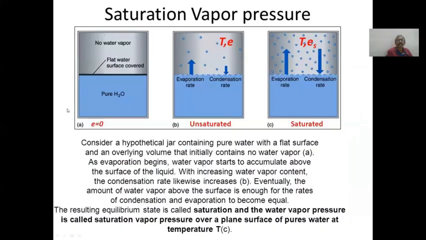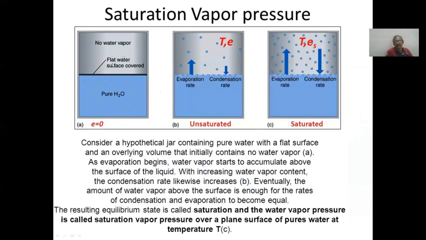And let us take a closed container in which the container is capable of conducting heat, and it is placed at normal atmospheric pressure. If the surface is covered, then there is no water vapor here.